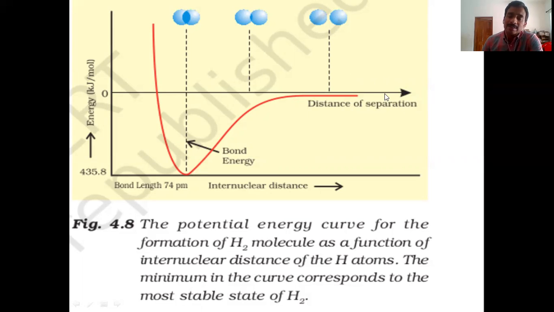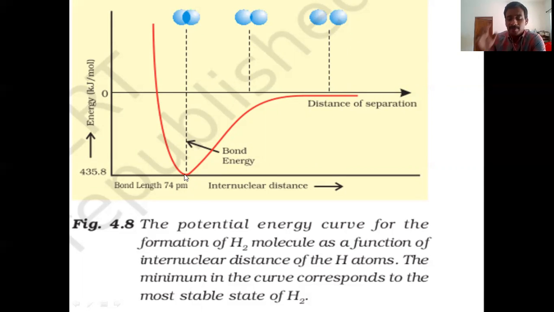When they are at a large distance, there is no interaction, so we can take the energy as zero here. As they approach each other, the energy decreases, meaning it will be negative, less than zero. The energy decreases and reaches the minimum value here.